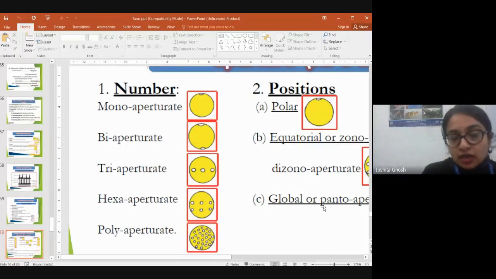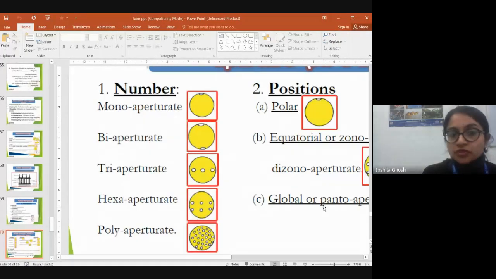So if you look at the number, the best way to remember is monoaperturate means there is a single aperture present on the pollen. Usually we are talking about the exine part, which has got the presence of apertures. So based on this, we are categorizing the pollen grain.